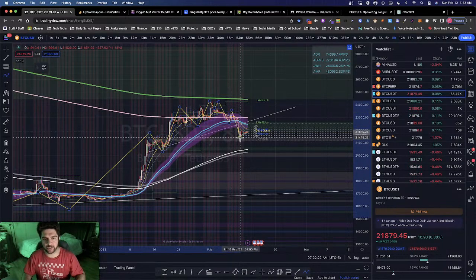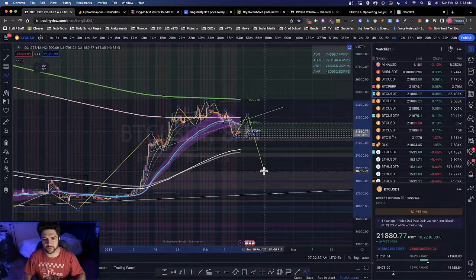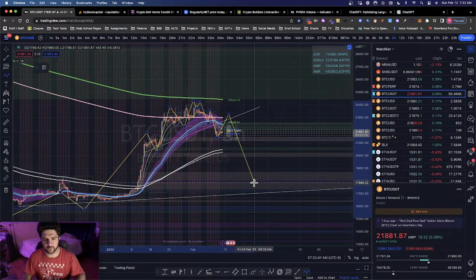Retrace. Drop level 2. Manipulate, stop hunt, whoever got it right. Where you'll see something like a W over here, kind of like you did over here. Not come as high as level 1 retrace. Drop level 3, which would drop you into this level. Now what happens after that, I have no idea.